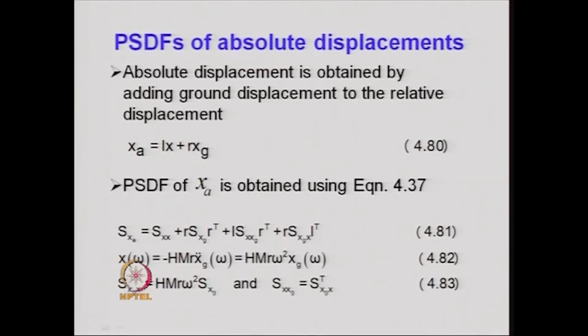Now, the absolute displacement can be written with the help of this equation, that is I into x plus r into xg.